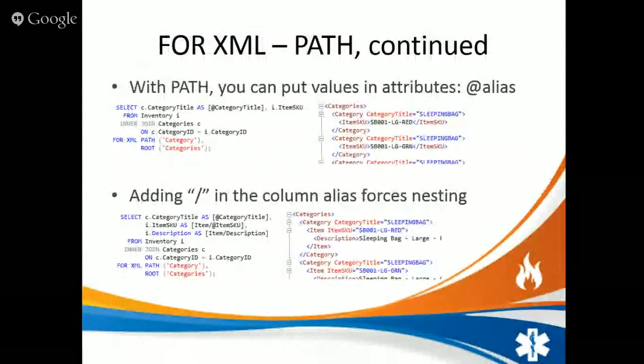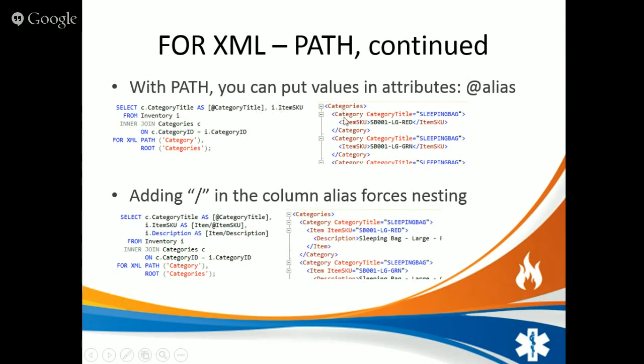And Gabe, your question was, can you force certain columns to be attributes instead? And yes, you can. When you alias a column with the @ character, it will put that as an attribute on whatever row it's currently running through. So in this case, it's select category title as @category title, so it'll be an attribute, and then select the item SKU.